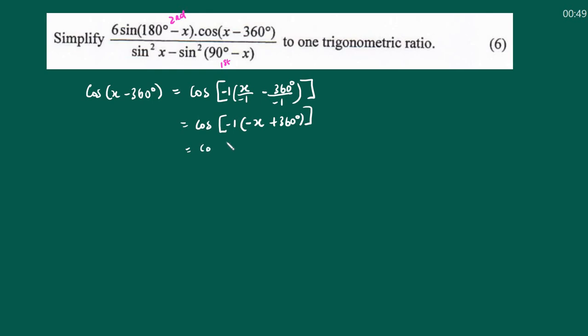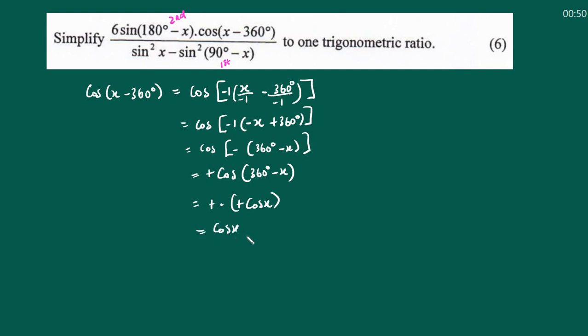Then you can rewrite it as 360 degrees minus x. And now remember, because there is a negative, it's a negative angle, and we take negative angles as if they're in the fourth quadrant, and we know that cos is positive in the fourth quadrant, so it's going to be positive cos of the angle. Then still we're in the fourth quadrant, so we're still going to say positive times positive cos x, so it's simply cos x.